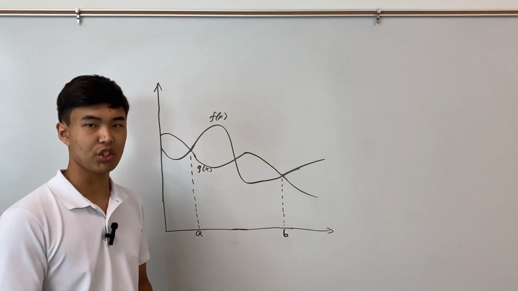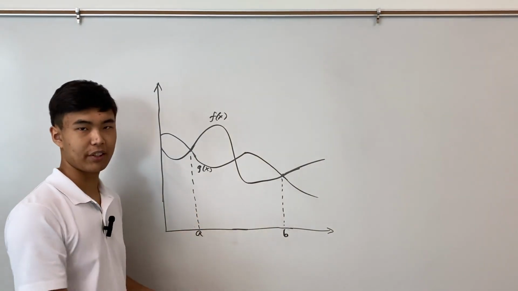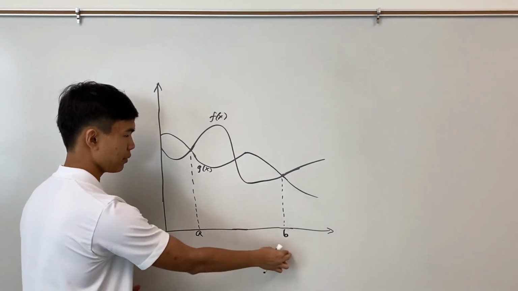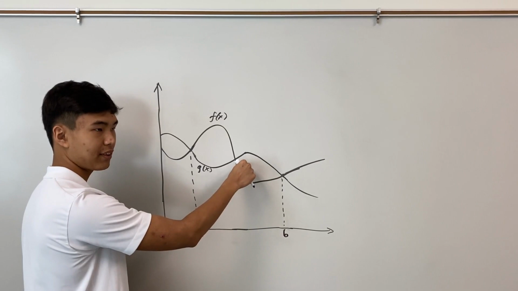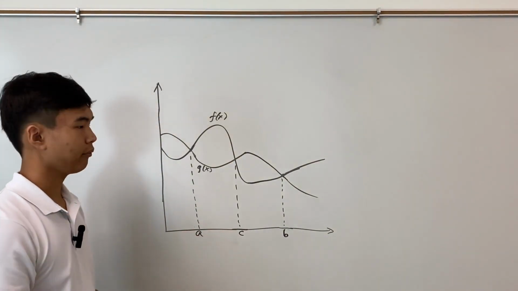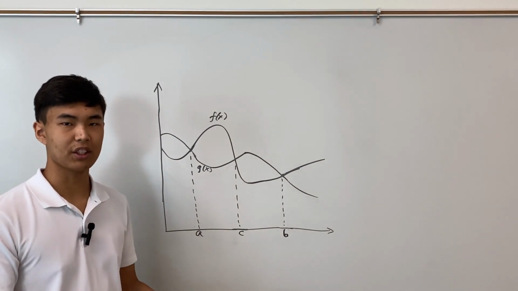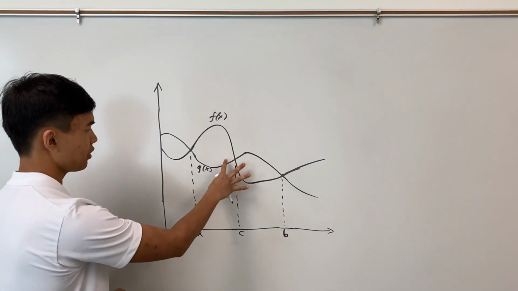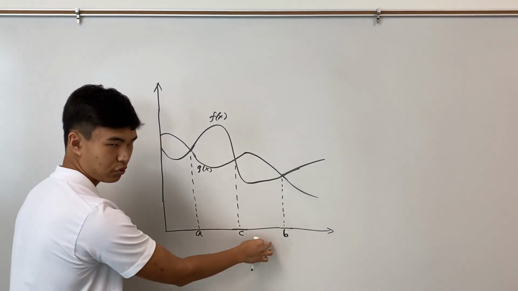One small modification to the formula: if you have a scenario like this where we're still trying to take the area between the two curves from a to b, but they have a third intersection here in the middle, which we'll call point C, then we have to reflect that in our integral, because it's always top curve minus bottom curve. But here, the top curve changes depending on which region we're in.